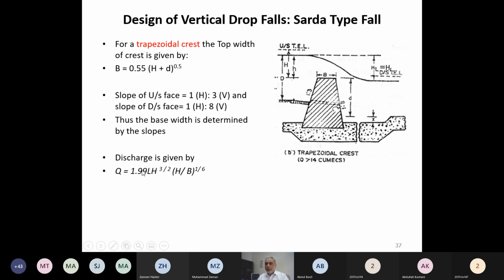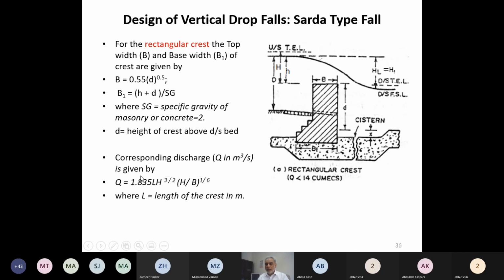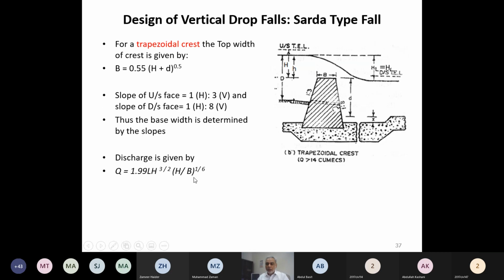That I am saying by seeing these coefficients. Its coefficient is higher, so it means for the same head, the same B, the same length, a trapezoidal shape fall will be passing more discharge, and a rectangular shape fall will be passing relatively less. So these are the formulas which will be utilized for the corresponding shape of the crest.